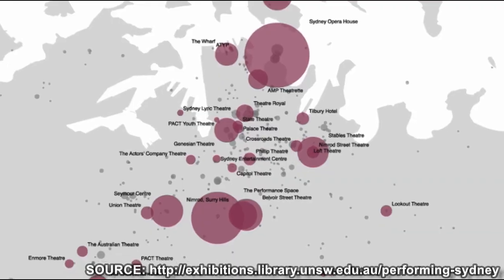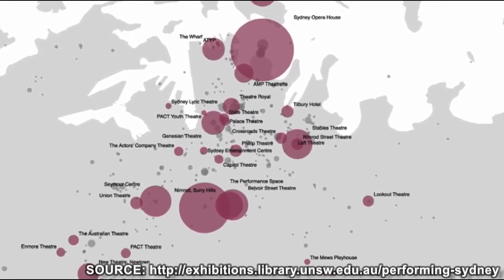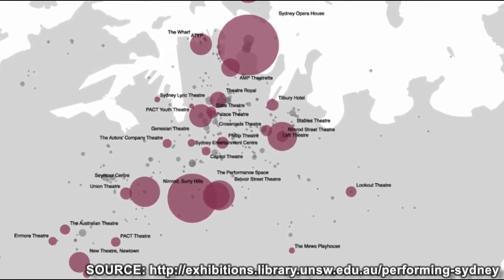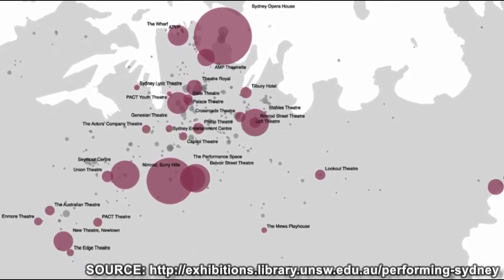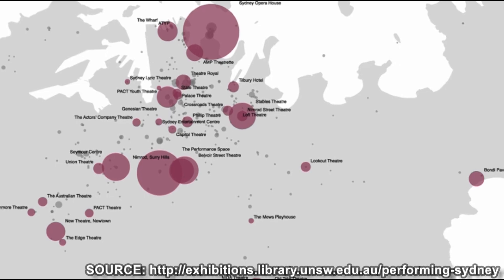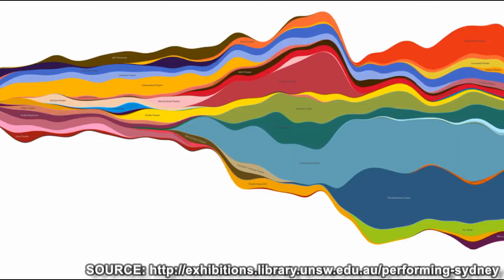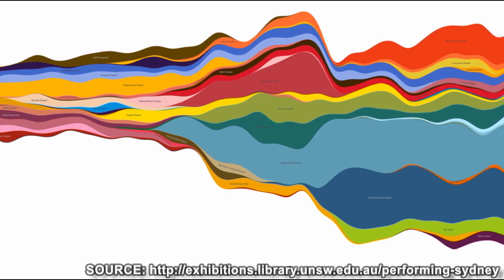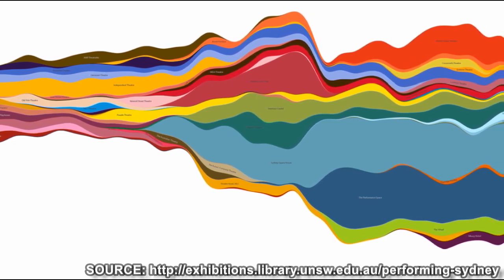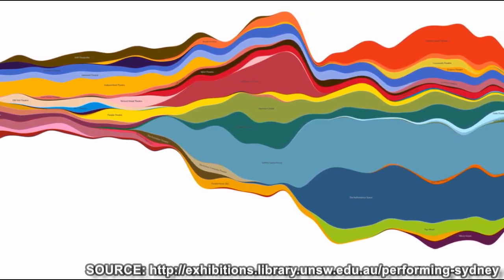In fact, the exhibition revealed that theatre in Sydney is a story of growth, more venues, presenting more performances in a wider range of genres to growing audiences. Steam graphs were used to show a century of activity in Sydney theatres, with each colour representing a different venue. The more activity at the venue, the thicker the line in the steam graph.